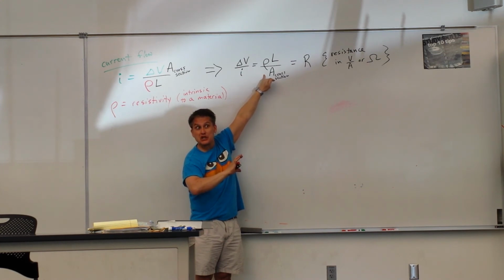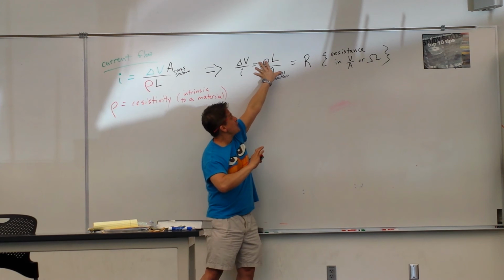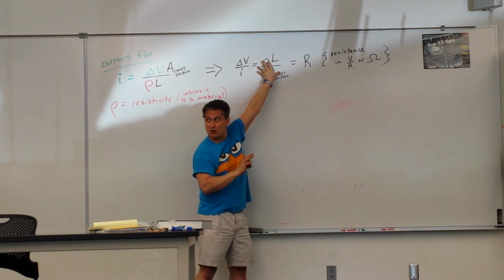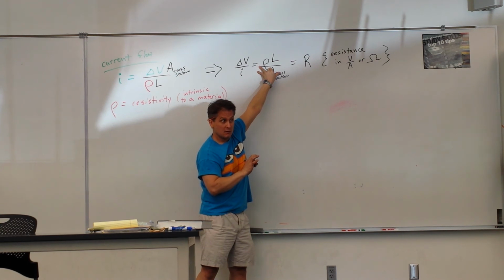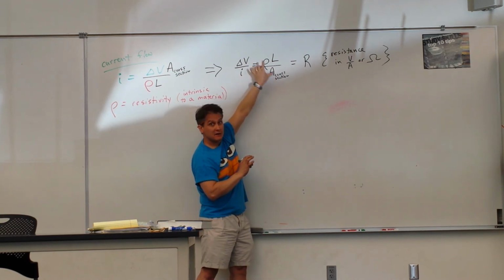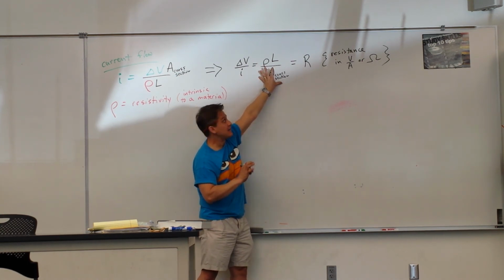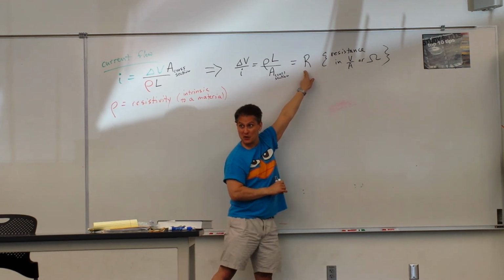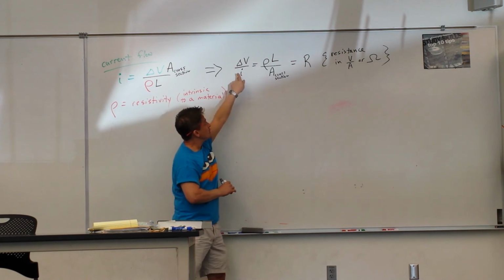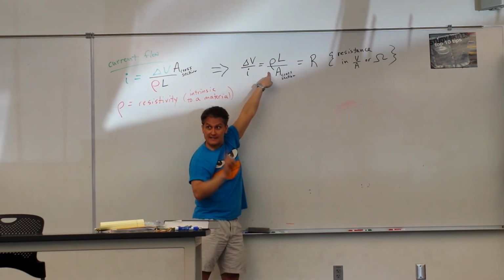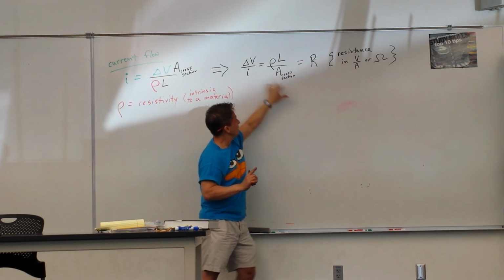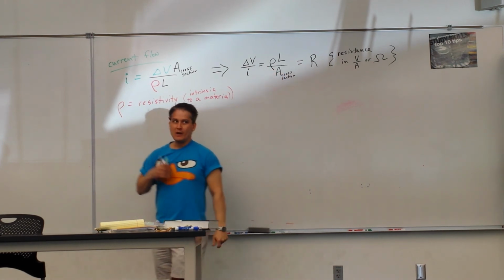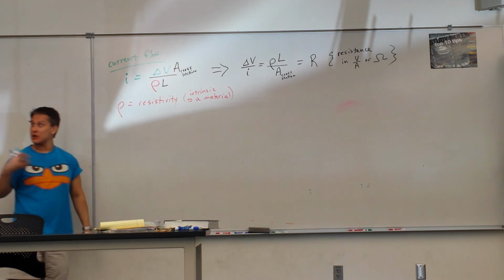When resistivity is constant, everything in this product quotient is a constant quantity. When it's not, this quantity is not constant, implying that R is not necessarily constant. So if the ratio of V to I is constant, it implies a constant rho. When it isn't, then you have a variable rho, or a variable resistance.